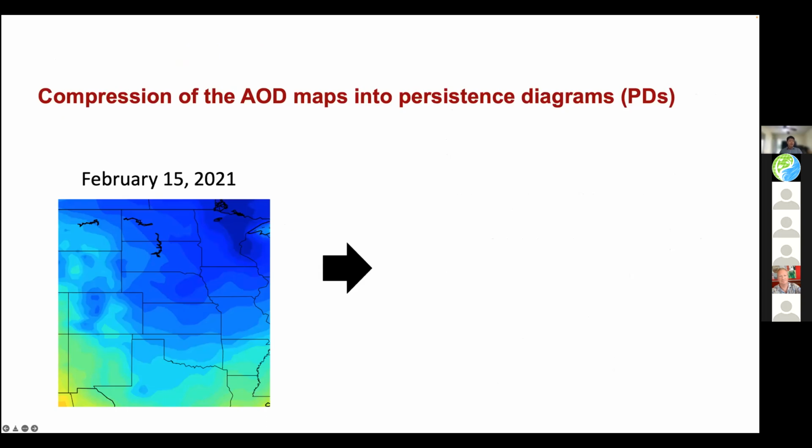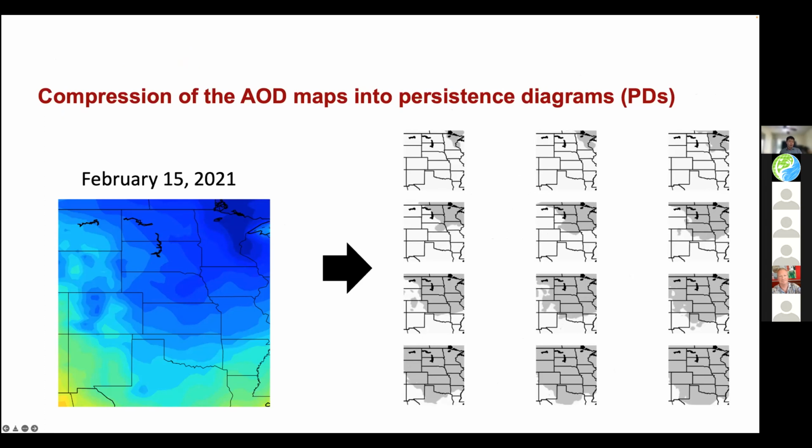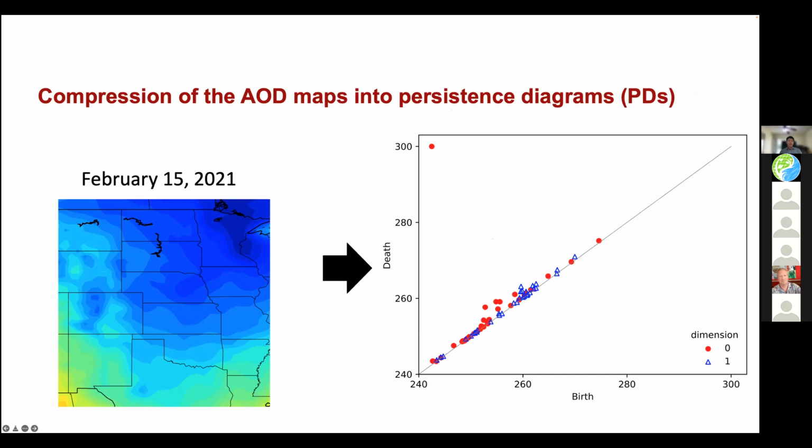So this temperature map on February 15, 2021 shows diverse shape characteristics as we change the temperature threshold values, and the birth and death of each shape characteristic. So shape characteristics, in other words, a topological summary, is displayed on a persistence diagram.